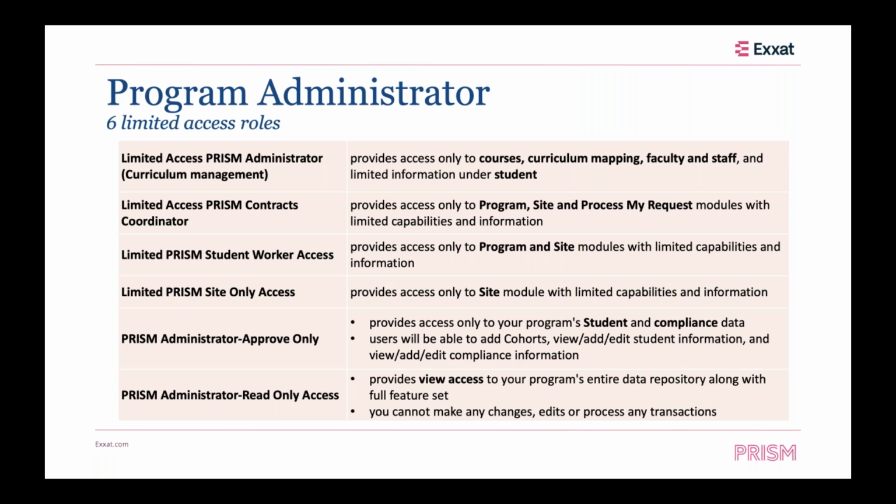And it also gives you access to some limited information in the student. Second role is based on a contract coordinator persona. This gives access to 3 capabilities: program setup, site management, and processing my request. And the third one is based on a student worker persona. They have access to only program and site modules.